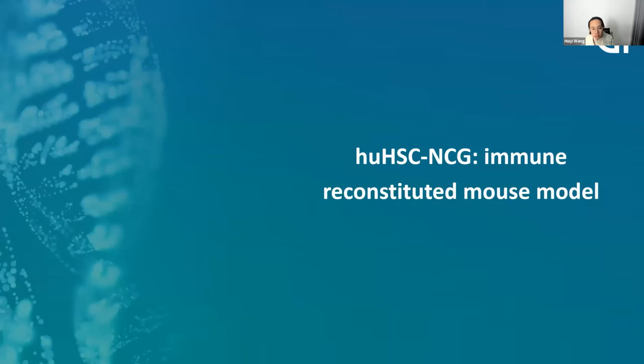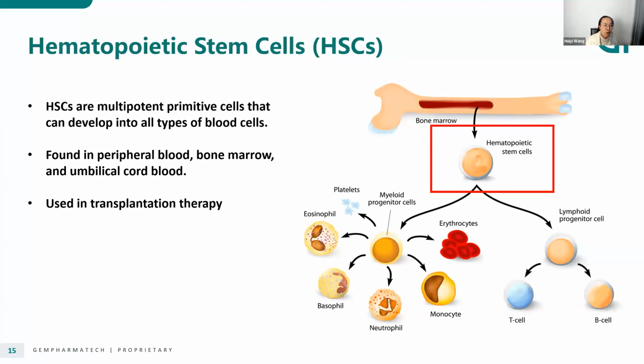Also, the second choice to reconstitute the human immune system is the HSC NCG mouse model. This mouse model is very different from the PBMC mouse model because of the cell source. Hematopoietic stem cells are multipotent primitive cells that can develop into all types of blood cells.